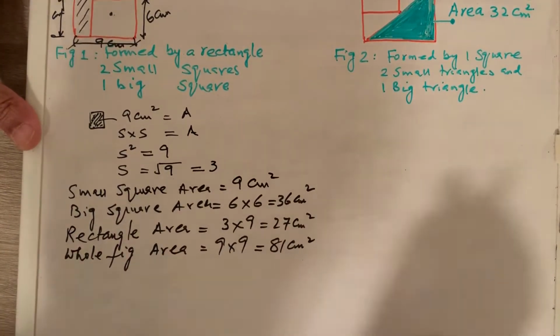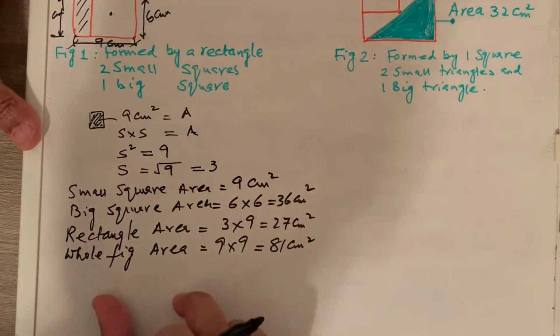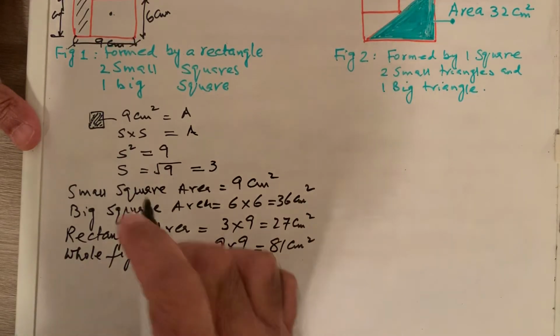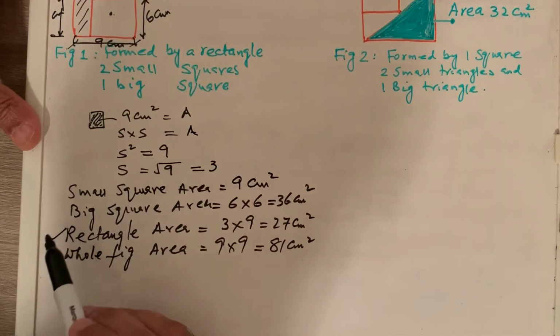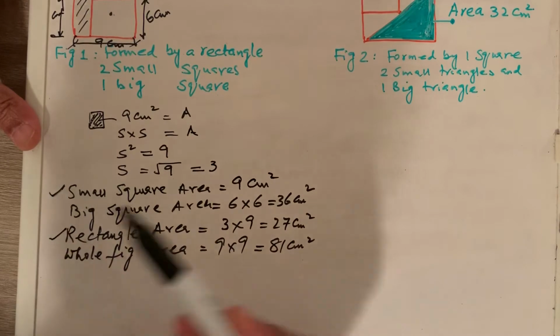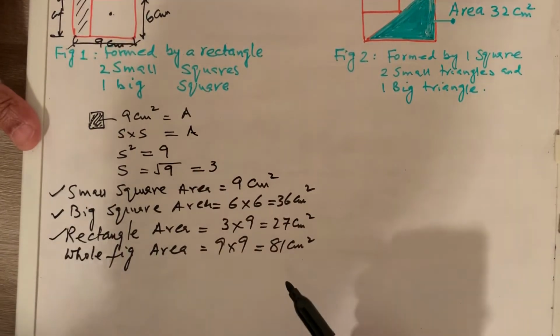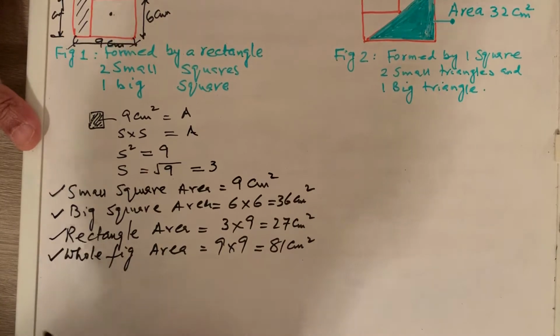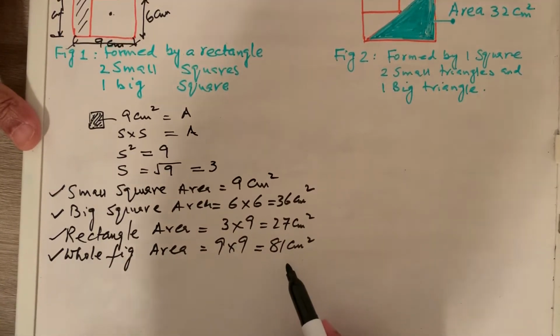So these are all the dimensions that we calculated on the figure, and then we found all the areas of the shape. The figure is formed by a rectangle, so we have the rectangle area. It is formed by two small squares, and we have the small squares' area, which was given. One big square, we calculated the big square area, and the whole figure area, which is 9 times 9, which is 81 centimeters square.